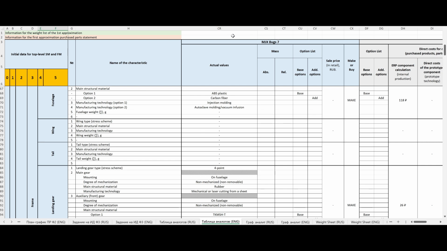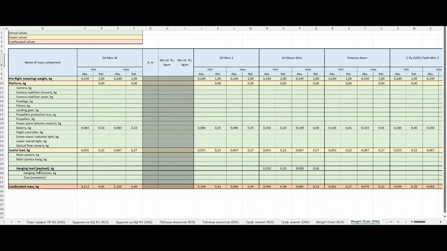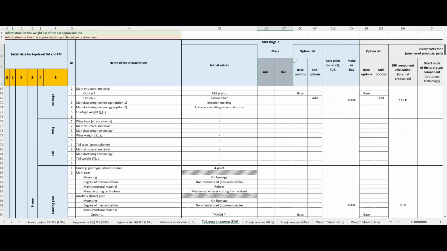An example of the application of statistical formulas is the formation of the initial value for the technical requirements or technical assignment, and subsequent value analysis and design engineering, that is, the determination of the payload mass in the block of columns, mass, absolute and relative, containing absolute and relative mass values respectively.